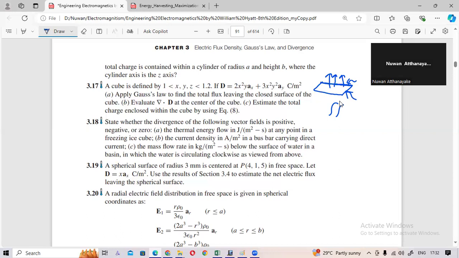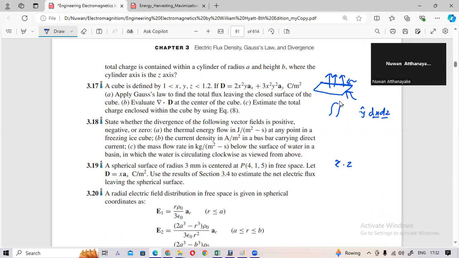For example, let's say you are going to do the surface integration in the X and Z plane, so dx dz. This plane is definitely perpendicular to y, so the y hat should be there.